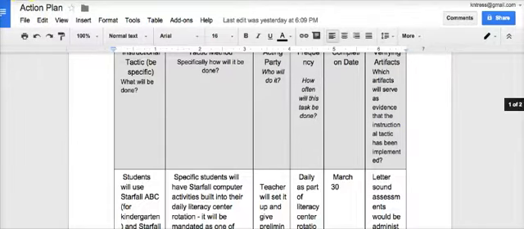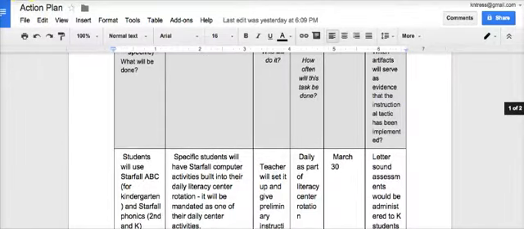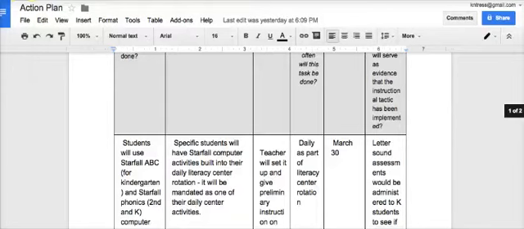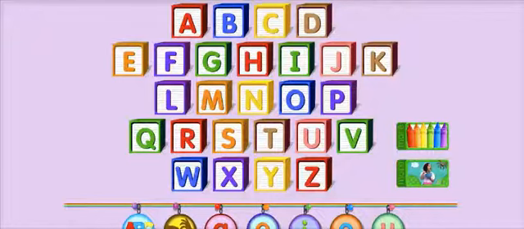For Starfall, we decided that letter sound assessment would be the most effective way to determine whether this intervention was working or not. So in the beginning of the implementation period, I gave letter sound assessments to the students in my target group. These were given again at the end of March to determine the effectiveness of these interventions. Just to take a quick look at Starfall, these are the letter games I was referring to.